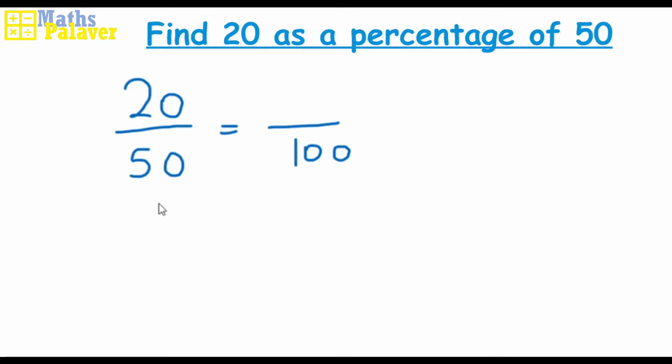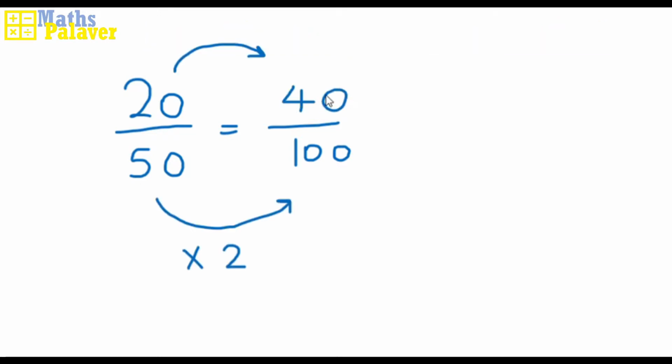How do you go from 50 to 100? You multiply it by 2. Whatever you do to the bottom number, do the same to the top number. 20 times 2 is 40, and 40 over 100 is 40%.